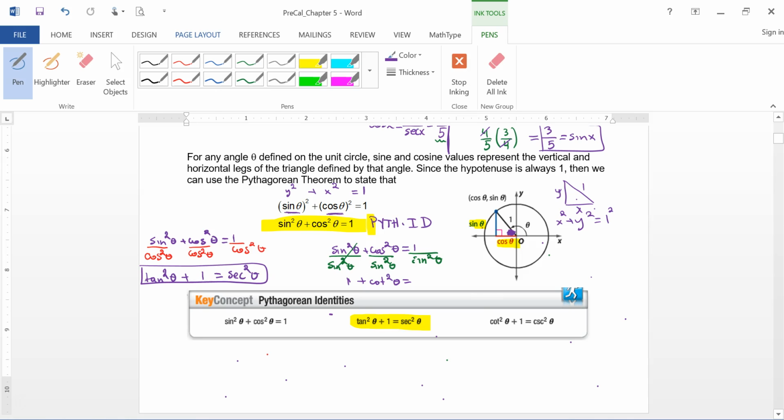Okay, when you have something like this, it's always the same. Common denominator. Common denominator here is going to be 1 minus secant x, 1 plus secant x. Now, remember how we did common denominators?